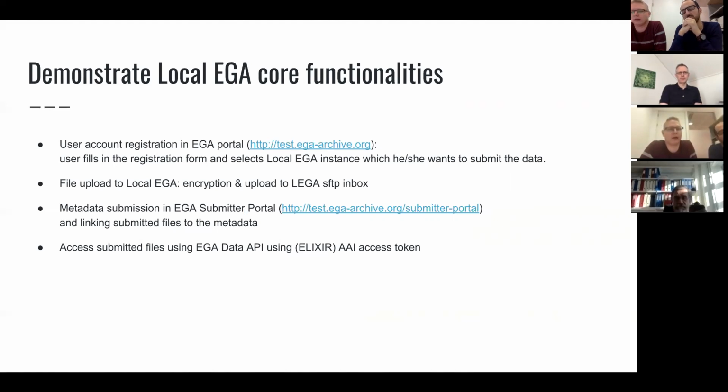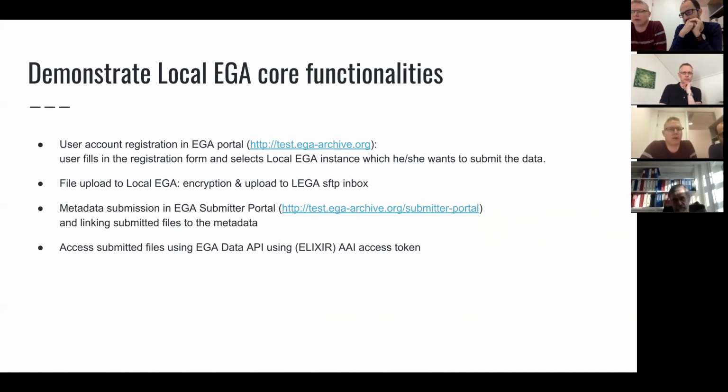And after that, we are going to show file encryption and upload mechanism to local EGA SFTP inbox. And after that, we will show metadata submission in EGA submitter portal. And in that submitter portal, we are linking the metadata to the files which were uploaded to local EGA.